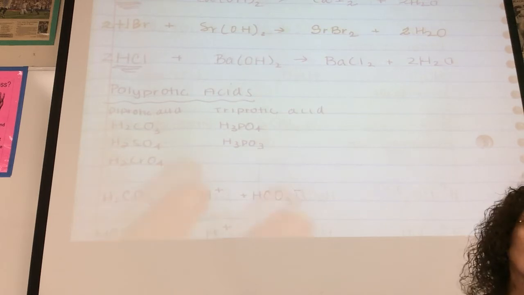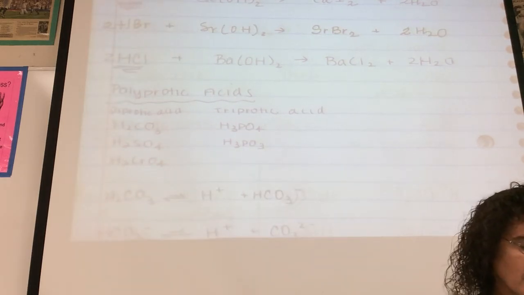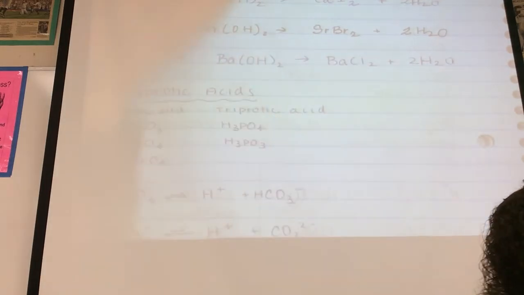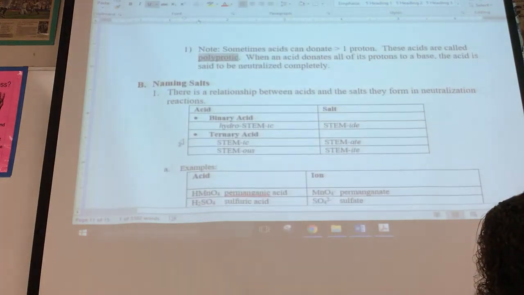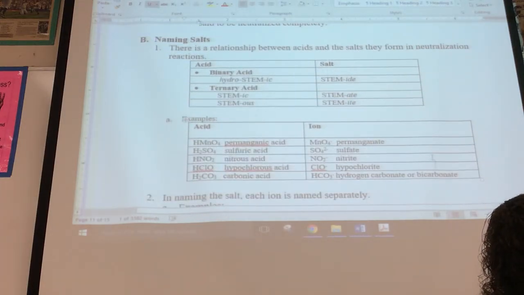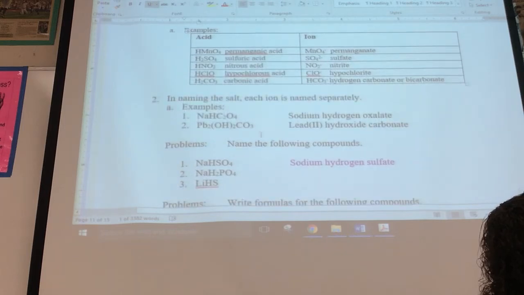So you know how to name acids, you know how to name bases, you know how to react them together to get a salt and water. The naming of salts you already know how to do. We learned how to name salts. This goes over the acid and the ion, what they have in common. I already did that with you. You know how to name salts.